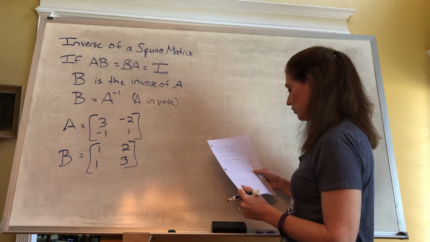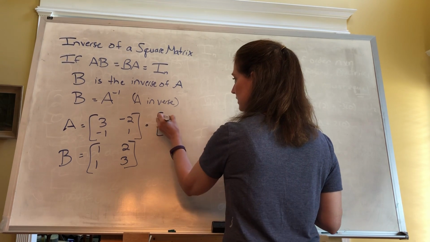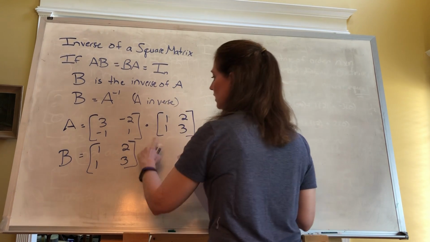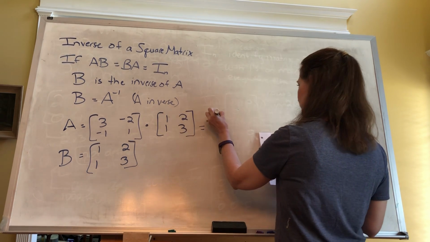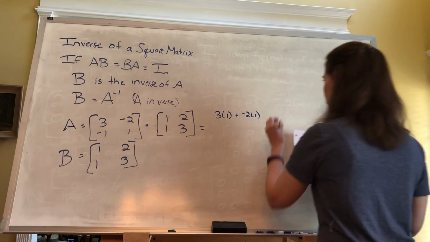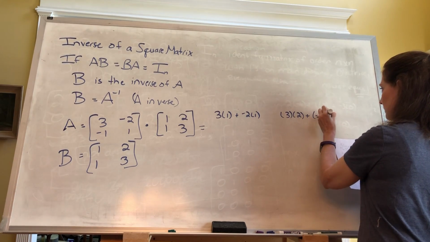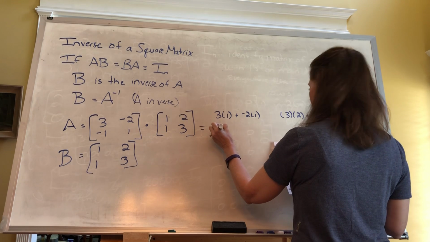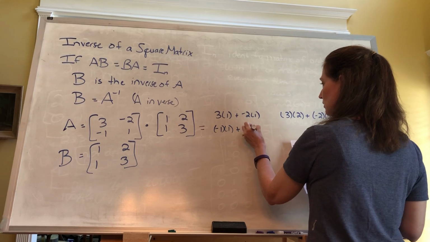So we multiply these out, side by side now. Remember, when we multiply, we're going to do first row by first column, and then second row by first column.